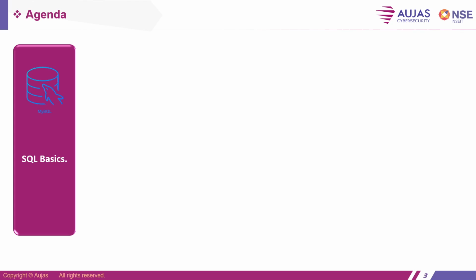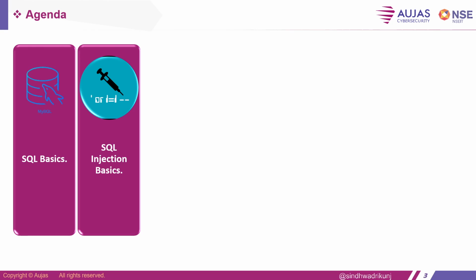Okay, so let's talk about the agenda for today. It will be pretty much basic SQL injection. Basic SQL: what is SQL, what are SQL queries, what are SQL statements. Very basic, just a quick overview. Then SQL injection: how SQL injection can be performed, when and how you can find the root, or the core, of that specific SQL injection.